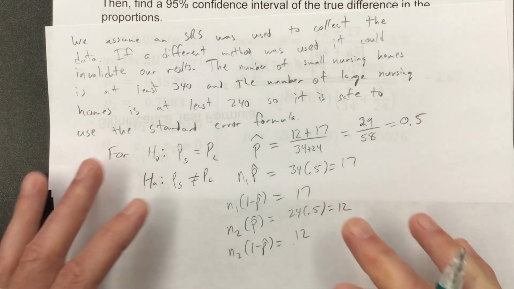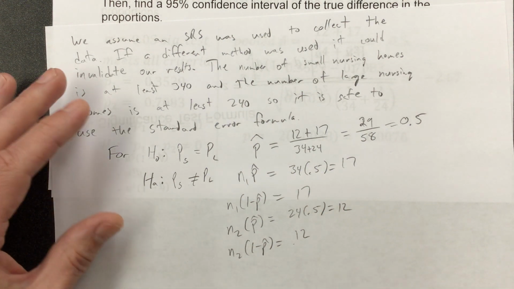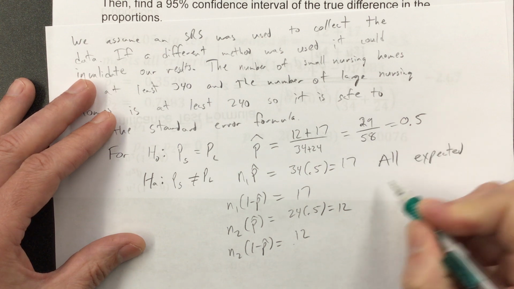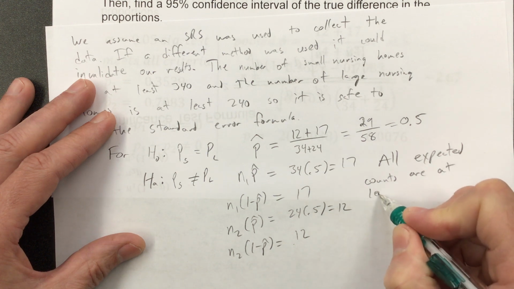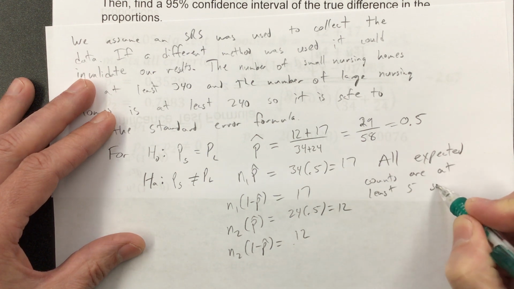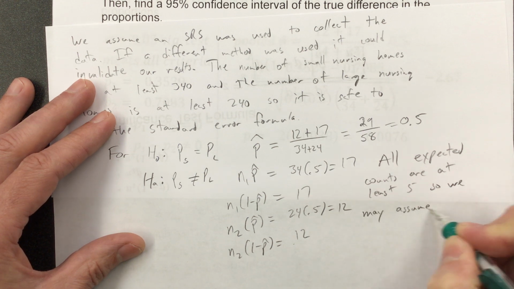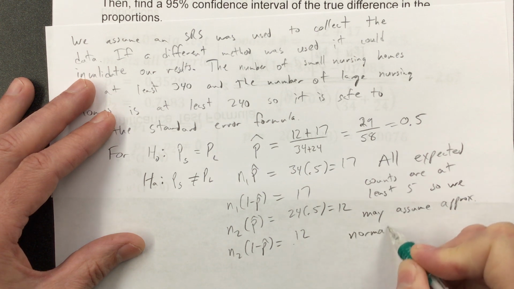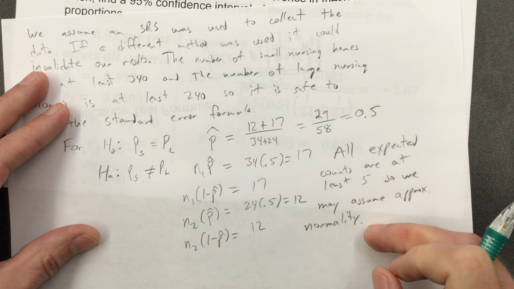Okay, so from our book, we'd say all of these are at least 5, and it turns out they're all at least 10. So if you were using a different book, you'd be fine with that. So all expected counts are at least 5, so we may assume approximate normality.